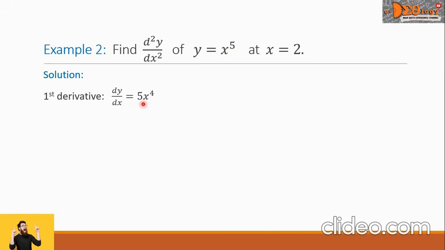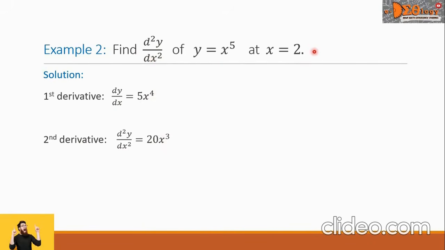So we have here 5x raised to the power 5 minus 1, which is 4. So the first derivative is equal to 5x raised to 4. For the second derivative, we have 4 times 5 is equal to 20 times x raised to the power 4 minus 1. So we have here 3. So the second derivative is 20x cubed.